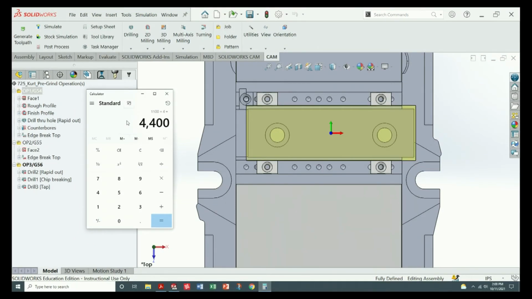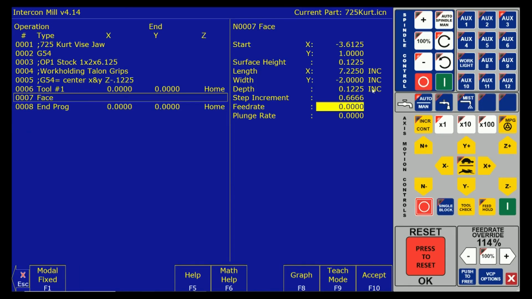So we control feed rate by adjusting chip load. In our case, we are going to go with a 5,000th chip load. So I'm going to multiply 4,400 times 0.005. And it gives me 22. Right here for feed rate, I give it 22.